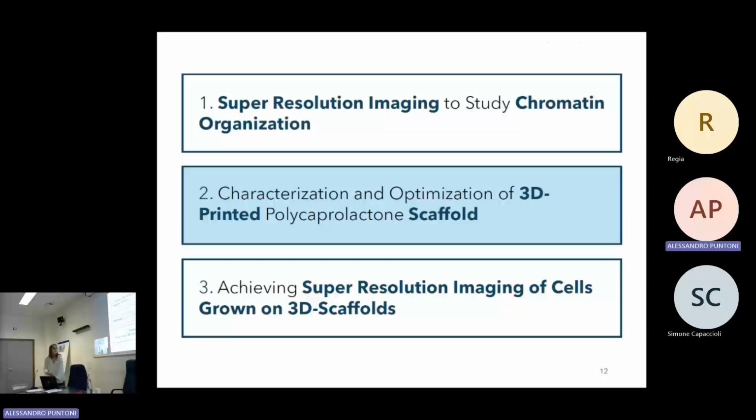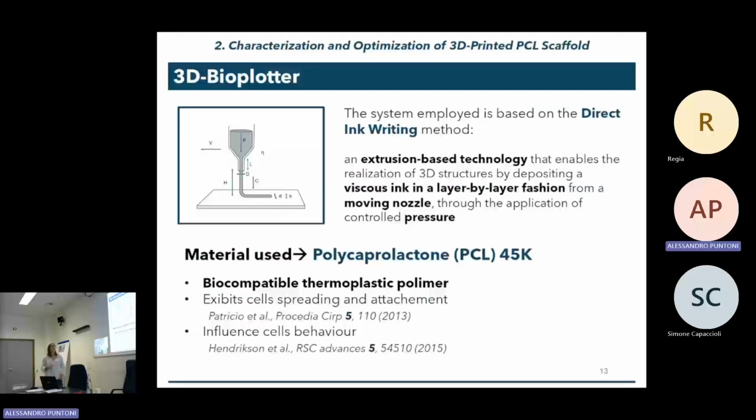Okay, in the second phase, I fabricate and characterize the 3D printed scaffold. I use a 3D printer, which is an extrusion-based technology that enables the realization of our structure filament by filament and layer by layer, extruding a polymer through the application of a controlled pressure in a moving cartridge.